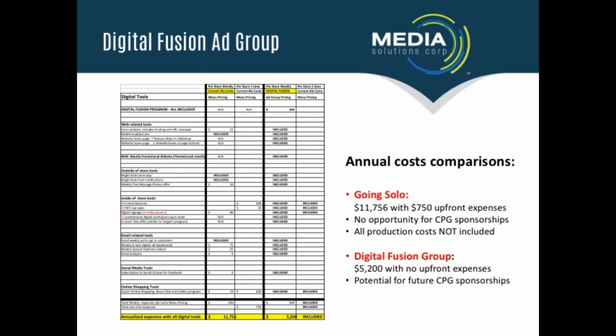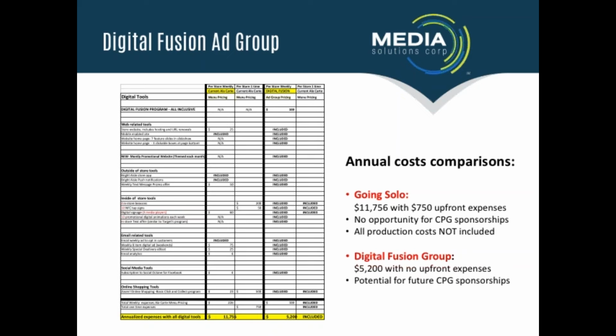Over the course of a year, using everything that is available to them, it would be $11,500 a year with $750 upfront expense. Of the $750 upfront expense, $500 would be a recommendation to be on online shopping, and the other $250 is upfront fees for things like text messaging.